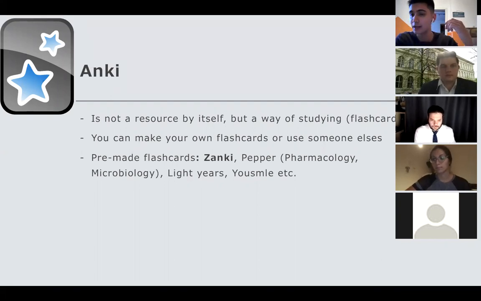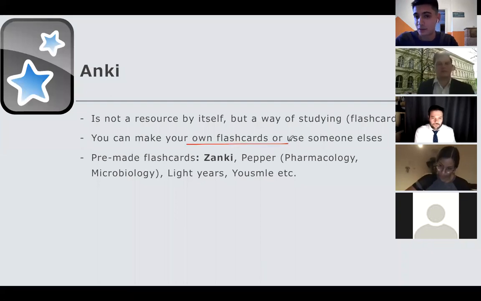It is true that USMLE Step 1 is a test of application. On the other hand, Anki helps you a lot to keep those bits and pieces of information in your head. So there are 2 ways how to go about it. You can make your own flashcards, this is great, or you can use somebody else's. I can just talk from my personal experience that in 3rd year, I was using Pathoma like a madman.